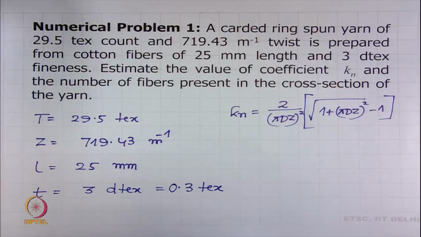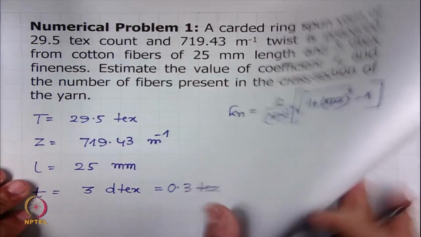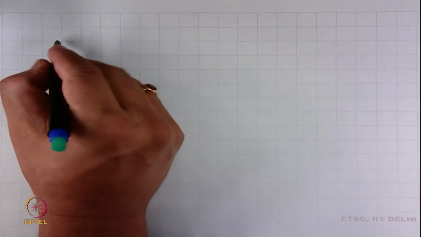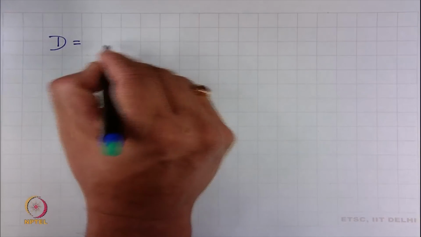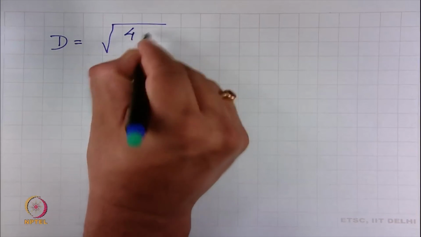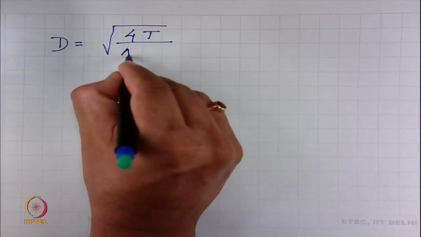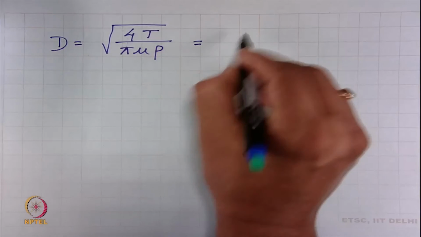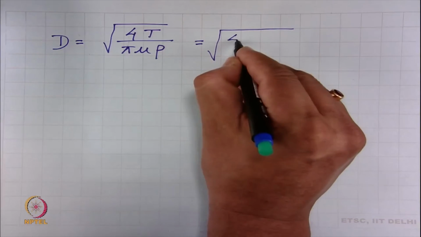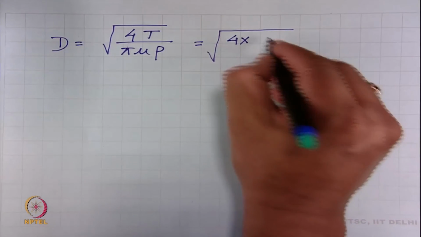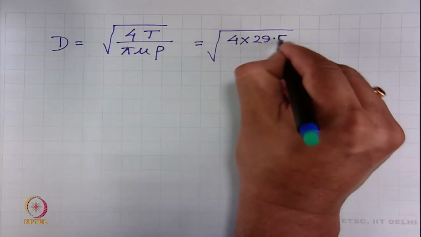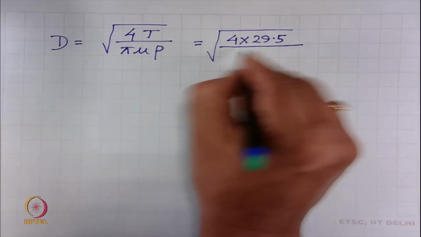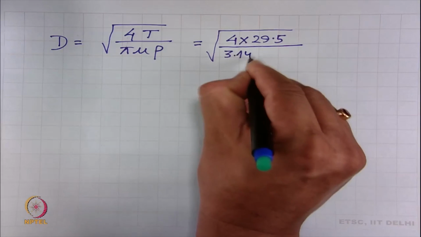How will you determine yarn diameter? Yarn diameter is 4 T by pi mu rho. That is your yarn diameter. T is given. What is T? 4 into T is your 29.5 tex divided by 3.14.